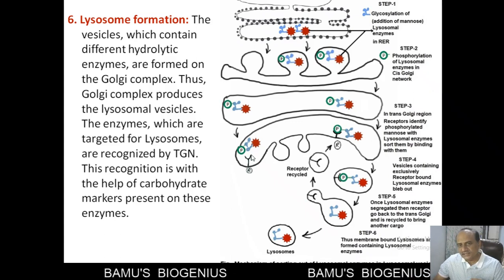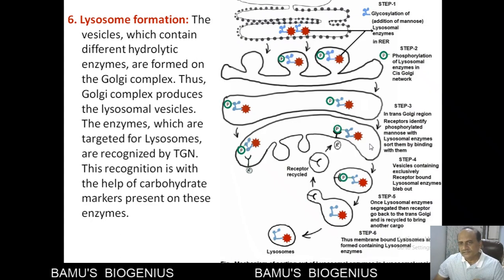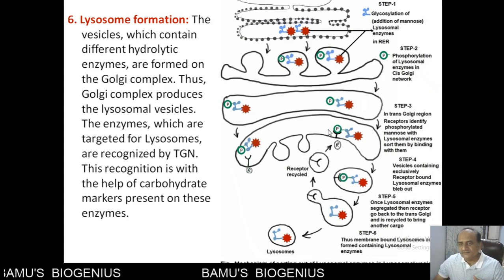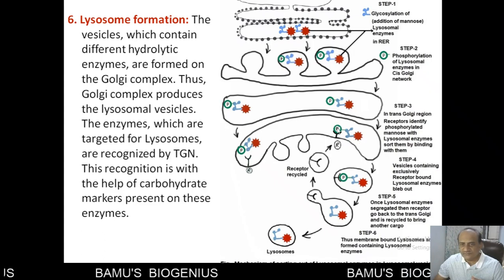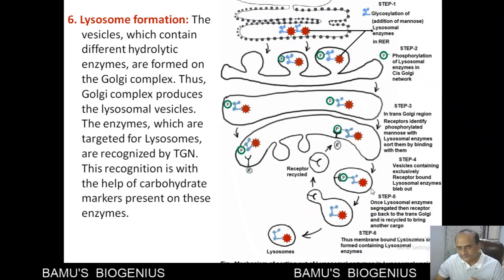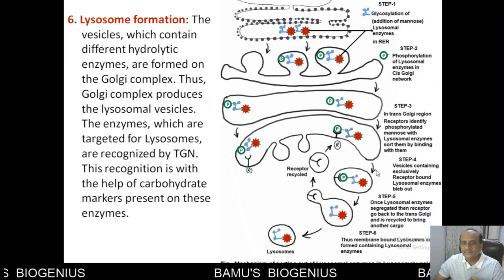In the trans Golgi, a receptor is present, and this receptor is specialized for binding with the lysosomal enzymes which are attached to the phosphate. The fourth step is a vesicle containing exclusively receptor-bound lysosomal enzymes that blebs out from the trans Golgi.